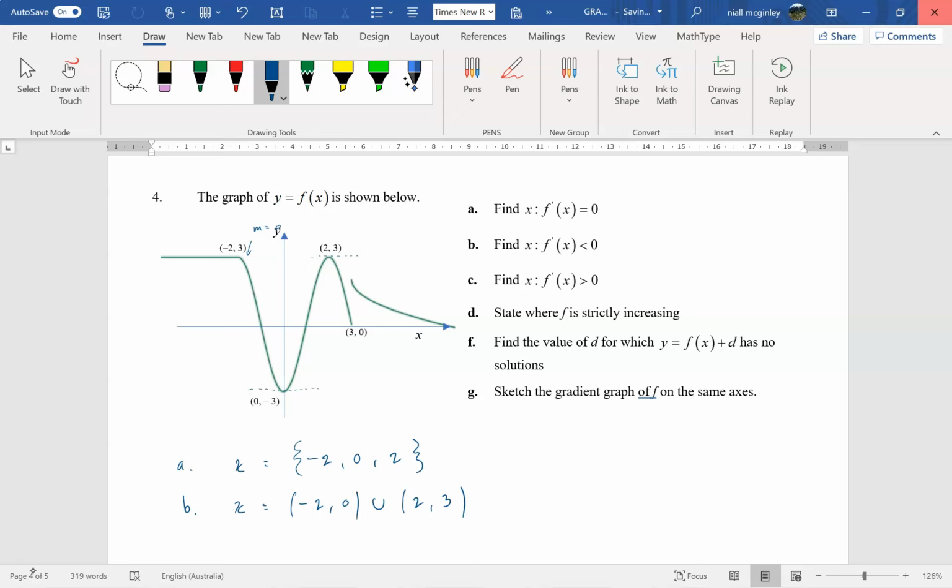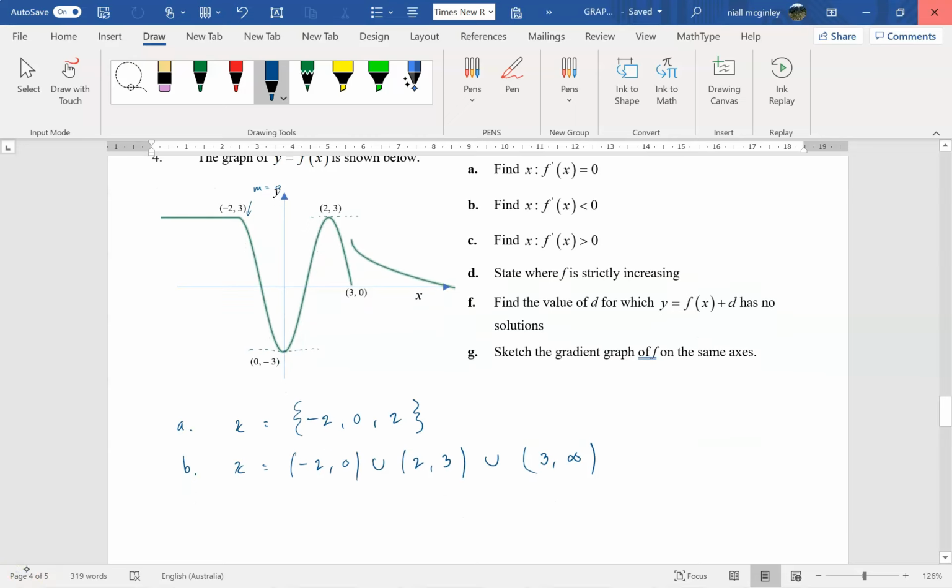And then what we want to do is do the last part here, which is going from 3, but not including 3, to infinity.